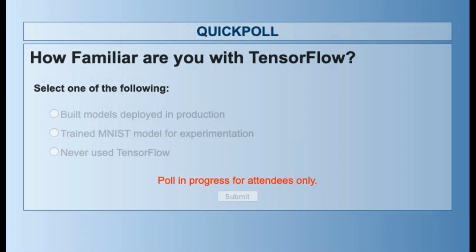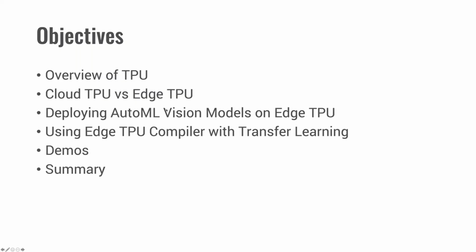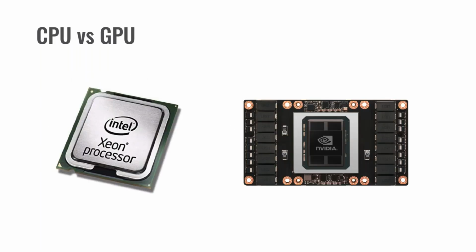Now, let me walk you through some background concepts, set the context for running TensorFlow models for inferencing on Edge TPU. So what exactly is the GPU? It's very important for us to understand this before we can appreciate the power of TPU and particularly the Edge TPU. CPU has been the building block of computing for the last 4 or 5 decades.